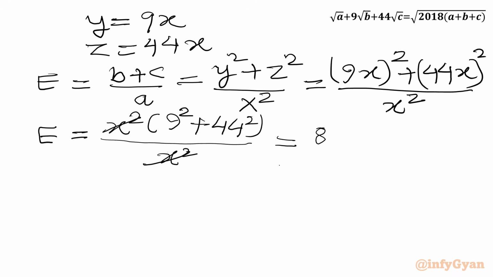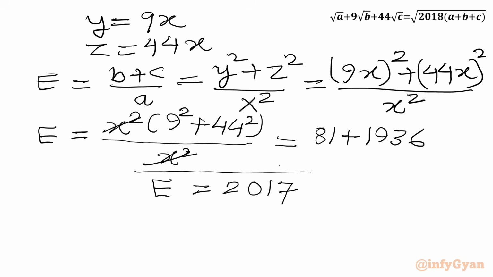Here we will write 81 plus 1936, this addition will become 2017. So our answer using this method is 2017.